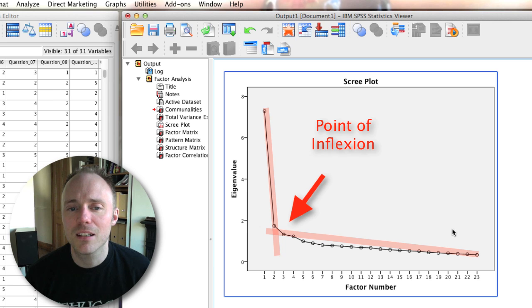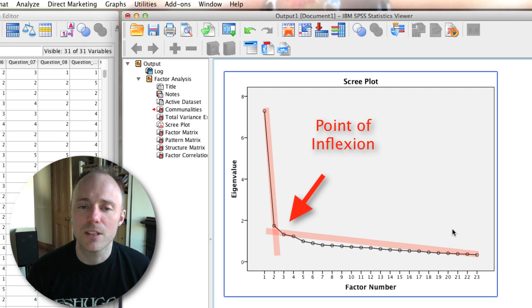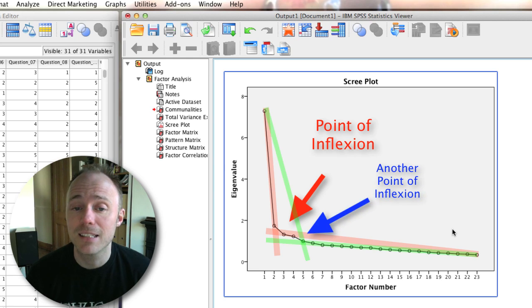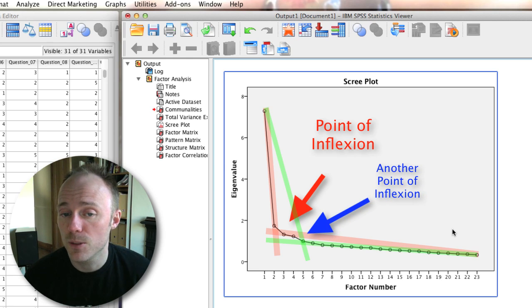Looking at this particular scree plot, there's an argument for the point of inflection being at 3 factors. And basically we're looking to retain any factors to the left of that point of inflection. So there's a point of inflection at 3, which would mean retaining or extracting 2 factors, but there's also a point of inflection at 5 factors, which would mean retaining 4.